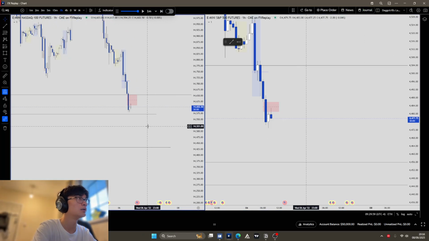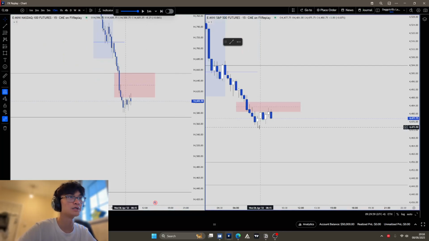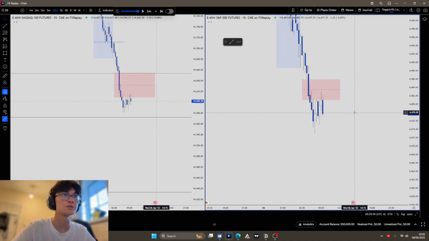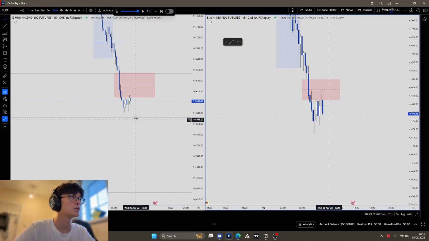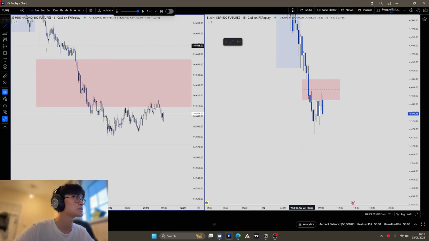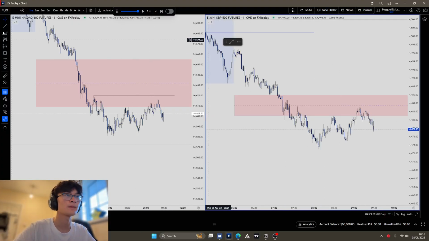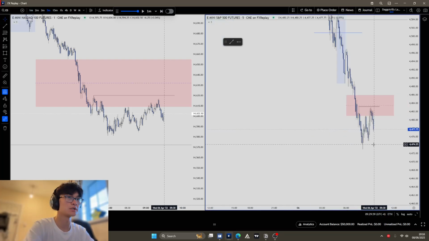And then let's go to the 15. Not really much to see on the 15 here. Don't really expect much to be seen here, honestly. Probably want to see something more than this. I probably want to see like a clearer internal manipulation. Nothing there just yet though. We have equal highs up here.